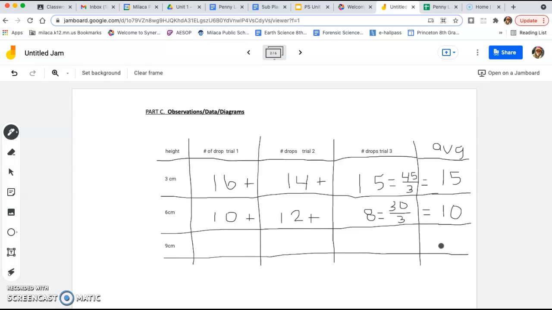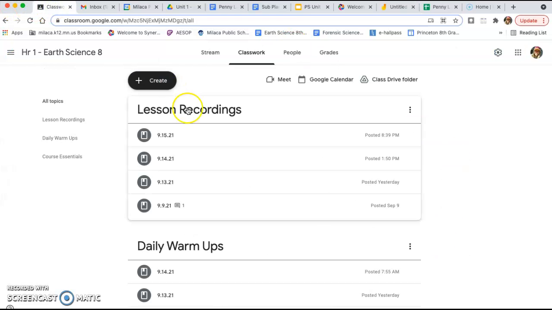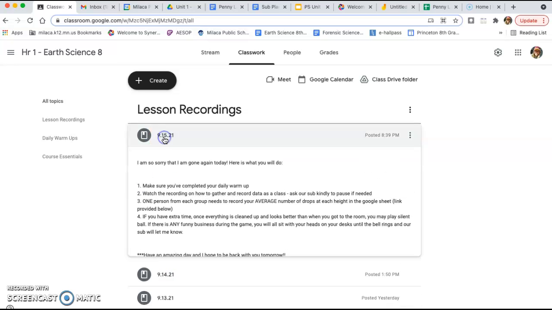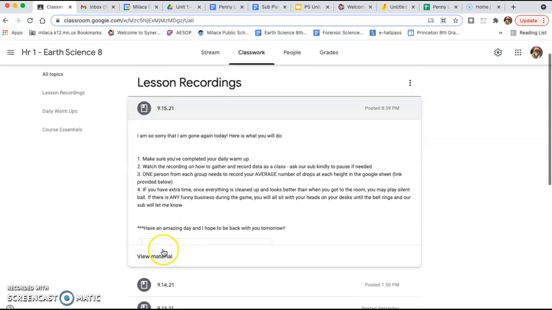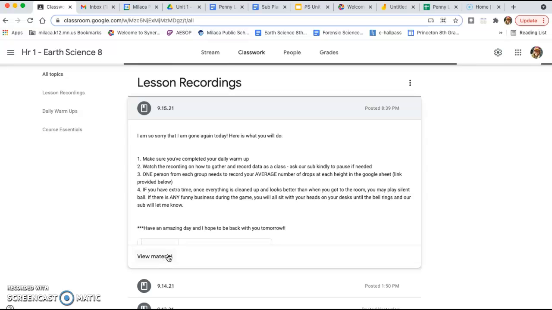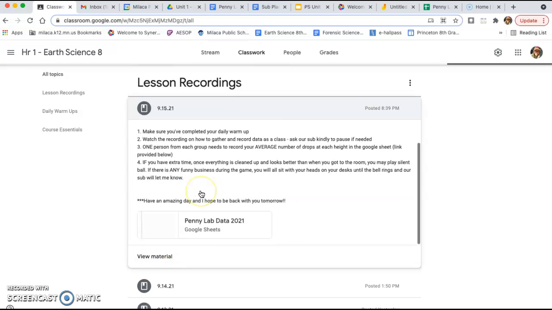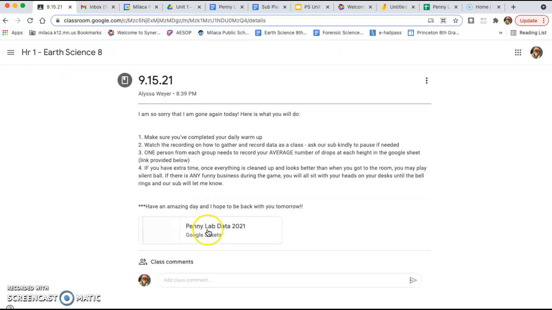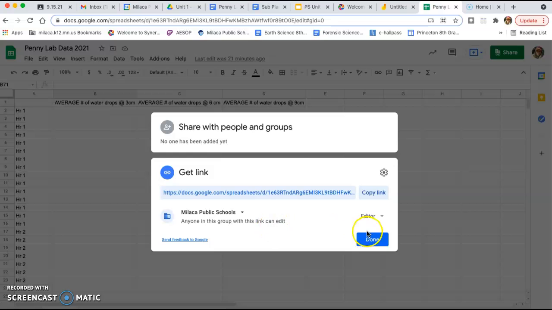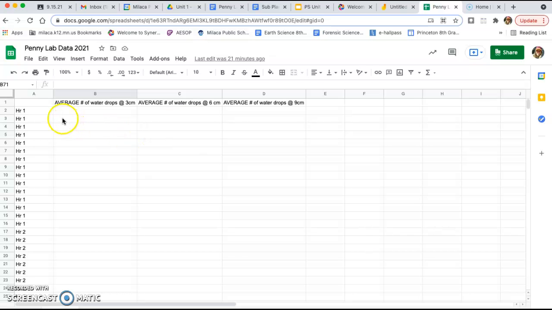only one group member. So I only want the data per group. You are going to go on Google Classroom under Lesson Recordings, and you are going to see that I have given you a link for a Google Sheet, okay? So you'll go ahead and click on this Google Sheet, and it'll look like this, okay?